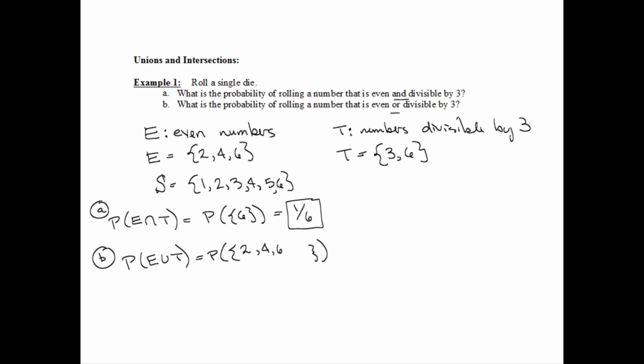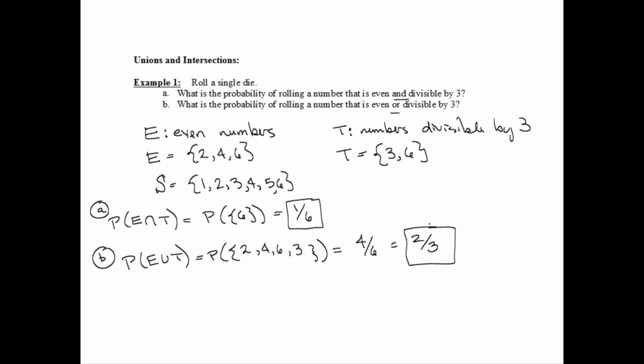Now come over to T. 6 is already in there, but 3 needs to be added. So we have 4 elements in our set. So what's the probability of that? 4 out of 6, or 2/3.